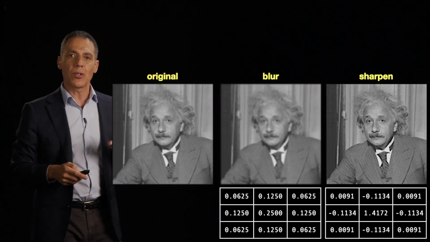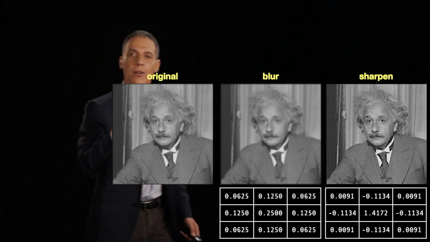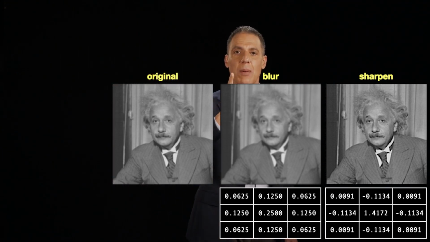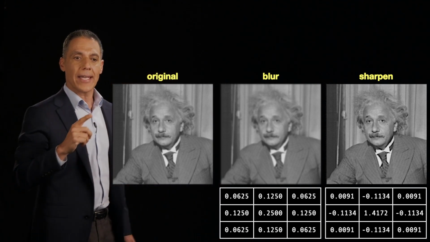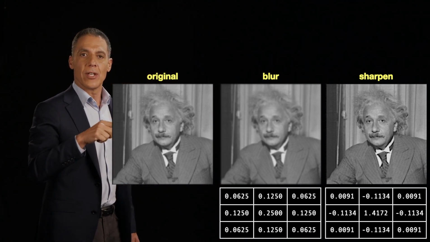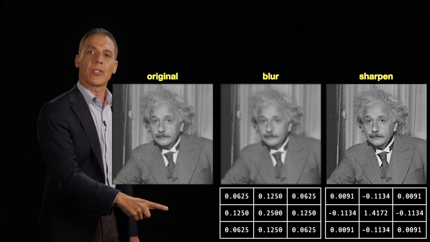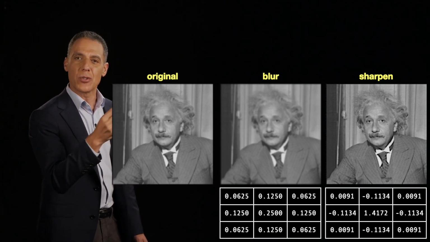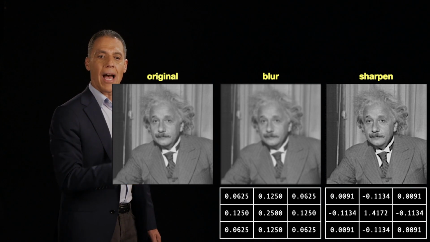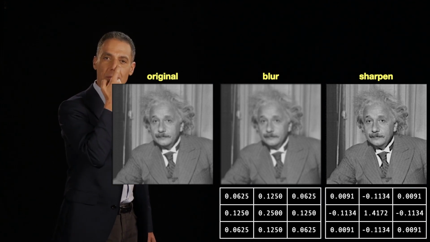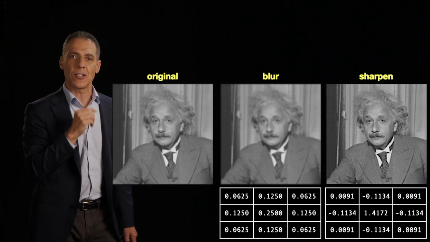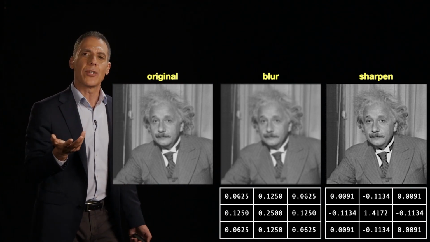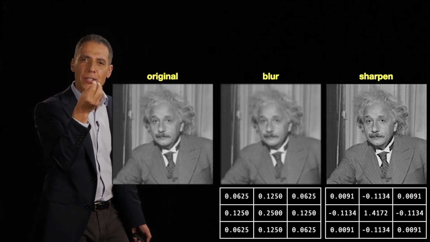And underneath the blurry and the sharp image are the unit impulse responses that gave rise to that image. That is, when I convolve the original image by that filter, kernel, unit impulse response, I'll use those terms interchangeably, I get a slightly blurry version of the image. By the way, look at those values for a second and see if they make sense to you. What does it mean to blur an image? It means you're sort of averaging all the values.